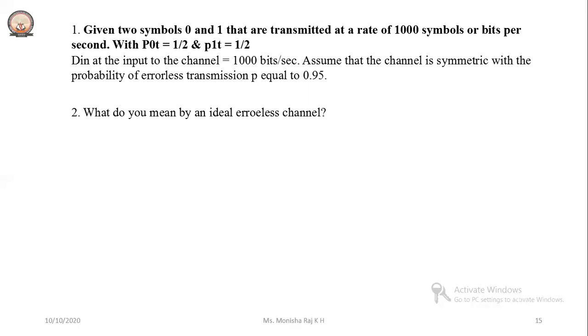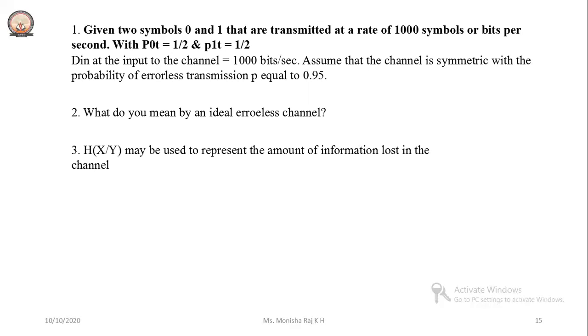That is, no information is lost in an ideal errorless channel. So knowing that H(X|Y) equal to 0 for the ideal case wherein no information is lost, we may attempt to use H(X|Y) to represent the amount of information lost in the channel.